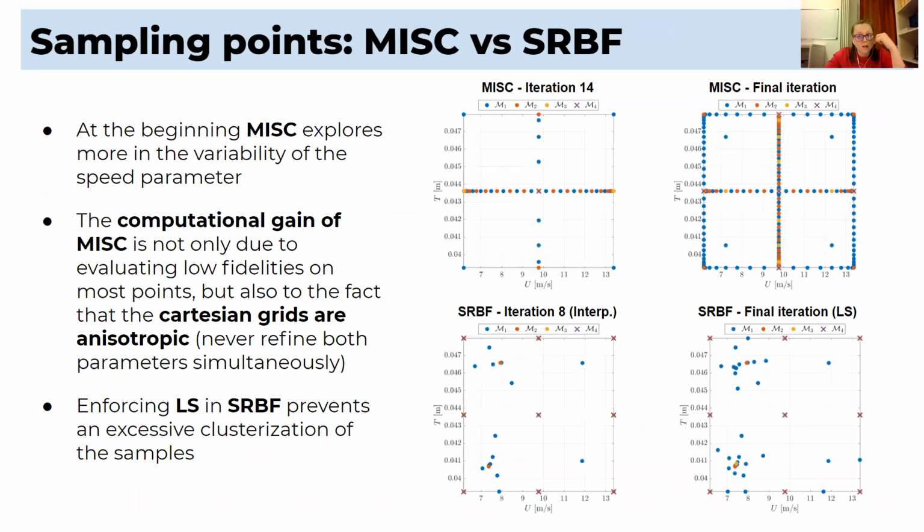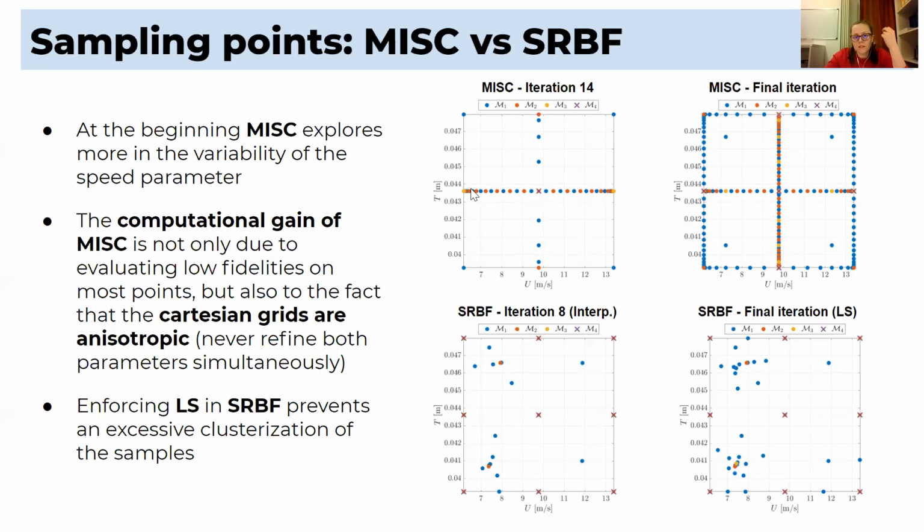We can then really look in detail at the sampling performed by the two methods, so let's say before and after iteration 14 for MISC and before and after iteration 8 for SRBF. And we observe that MISC at the beginning explores more this direction, the speed direction.